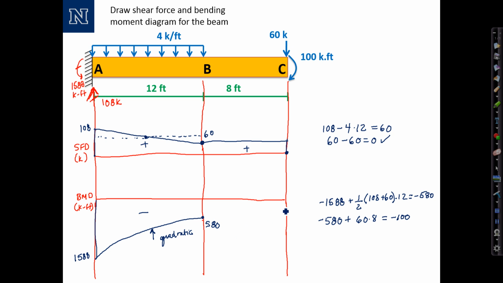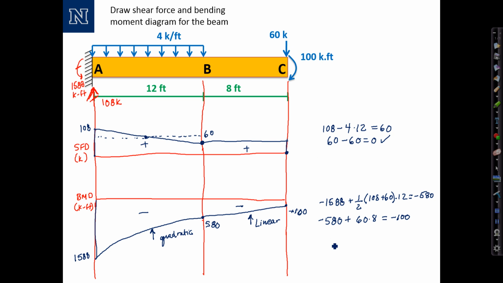So I have my bending moment diagram varying linearly from negative 580 to negative 100. Sorry, I like to put the magnitudes on the diagram, from point B to C. And just to be sure, this is linear.